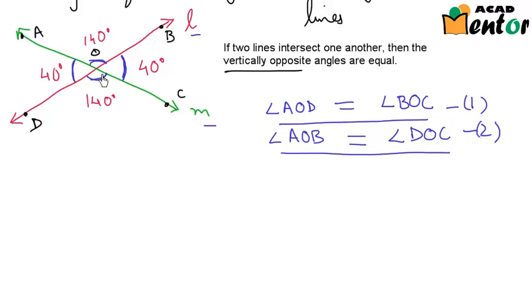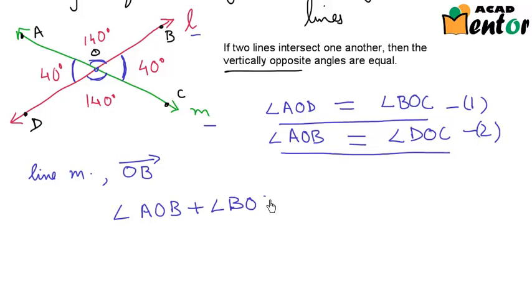First of all, let us consider line M. On line M, I can say that OB right here looks like a ray. It does, right? So line M has ray OB standing on it. And as per the axioms that we just saw, angle AOB plus angle BOC is nothing but a linear pair of angles, and hence their sum is 180 degrees.